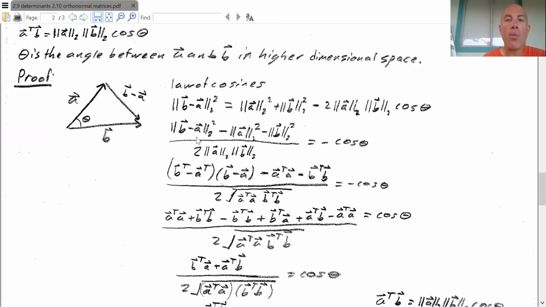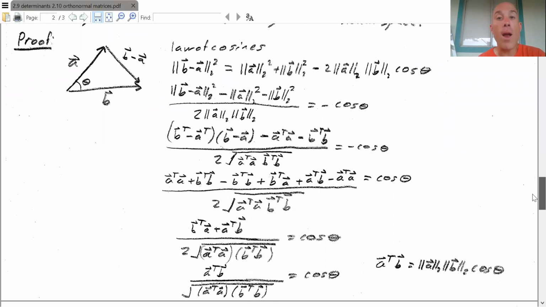Remember that when we talk about the norm squared, that is the vector's transpose times itself. And so I just work it out. It's beautiful, it's wonderful.